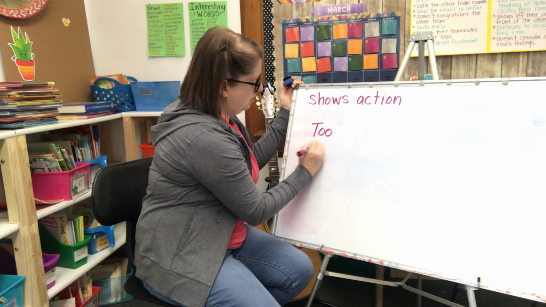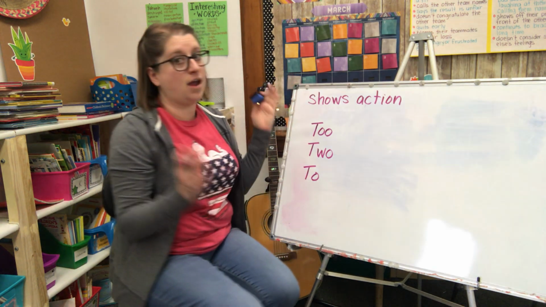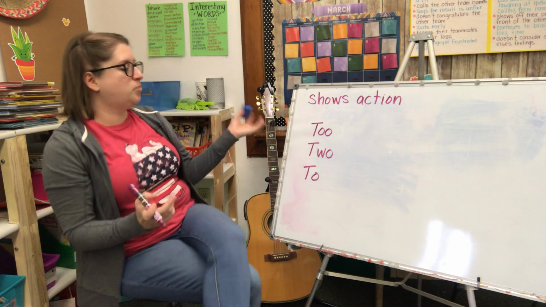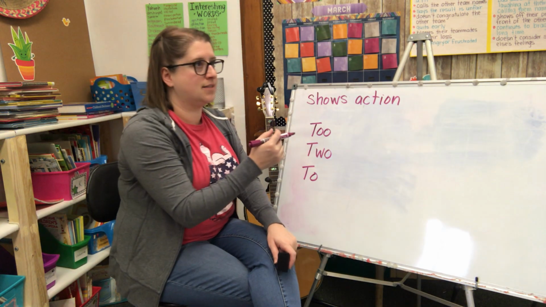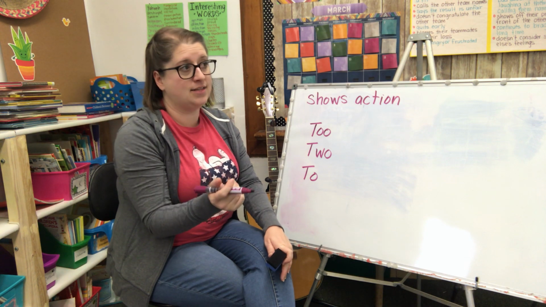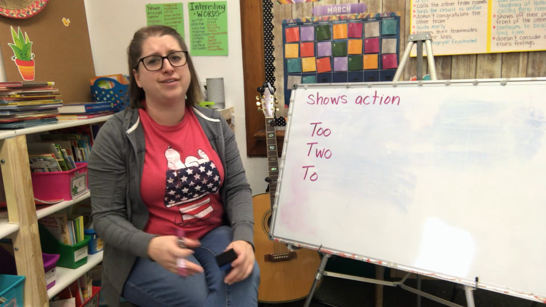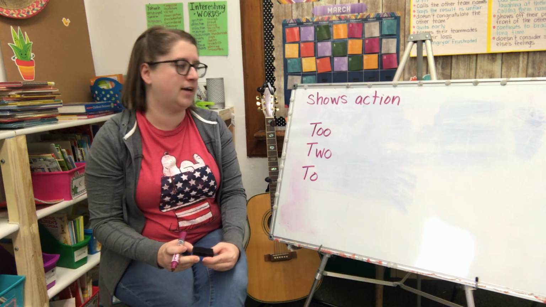To, too, and two. We have talked about these 3 words before because they've been in our spelling lists. The TOO means also, and it means more than enough. Like I ate too much ice cream. I ate more than enough ice cream.